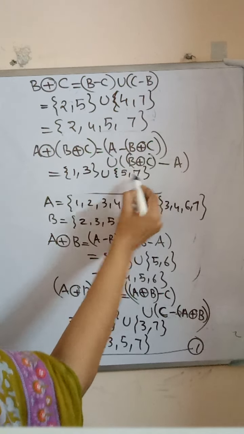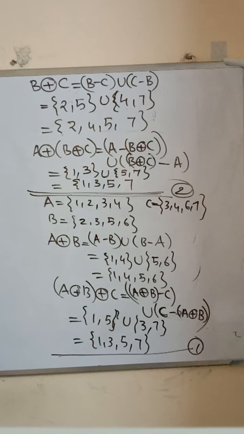That is equal to the set 1, 3, 5, 7, that is equation number 2. From 1 and 2 it is clear that left side equals right side.